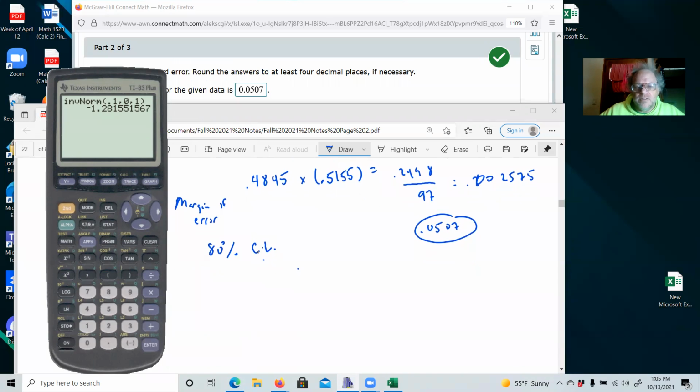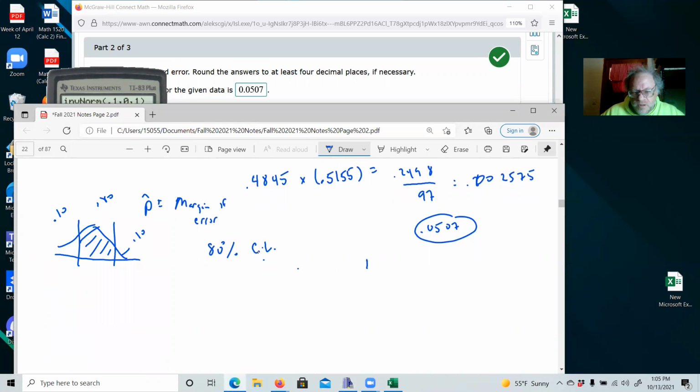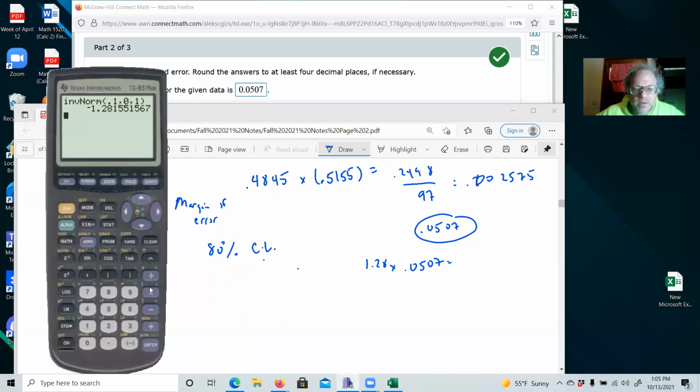So we're going to say this is 1.28 times this 0.0507 number. That is going to be our margin of error. So we say this one times, second function, recall, recall A. And it just puts it right in there for you, so I don't have to carry around or record those numbers.